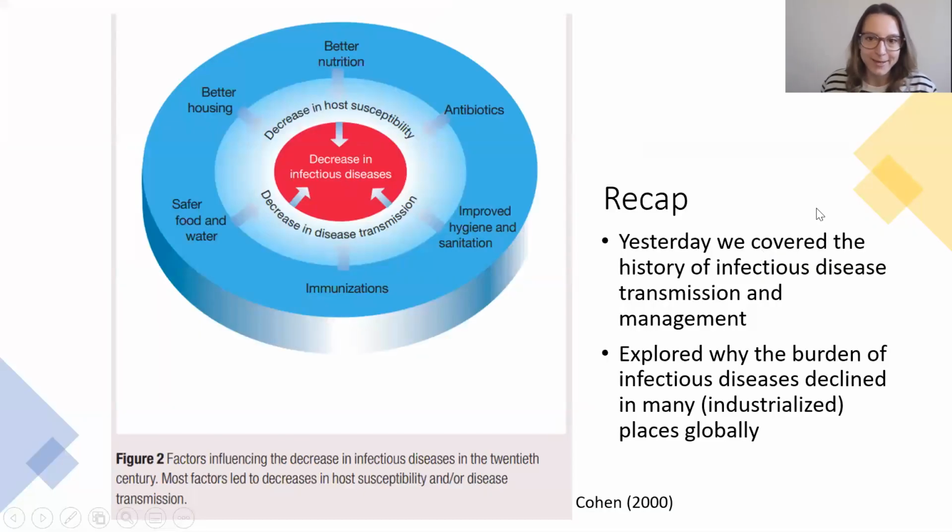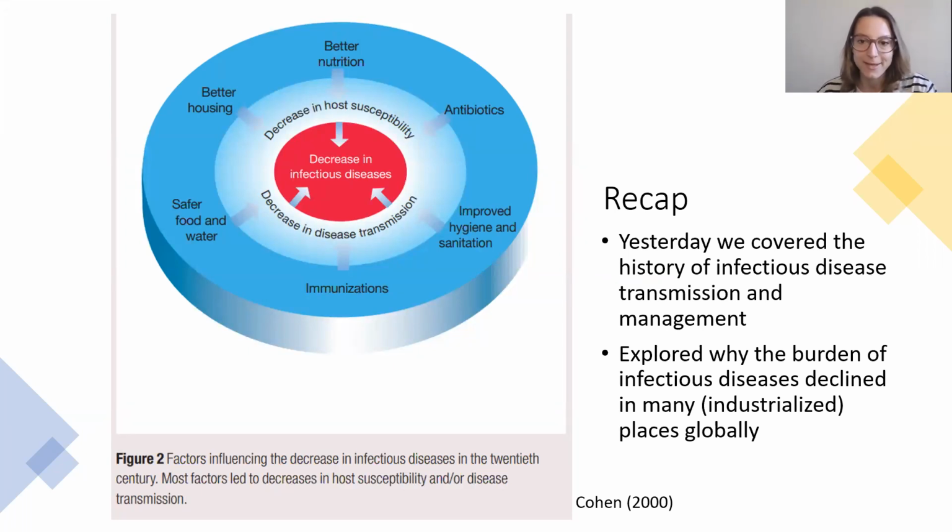Now, before we get into all that, I do want to do a quick recap from yesterday because I feel like we covered a whole lot of ground. Yesterday we talked about the history of infectious disease, how those have been transmitted over time, as well as some ways that we've tried to manage the spread of infectious diseases historically and even today.